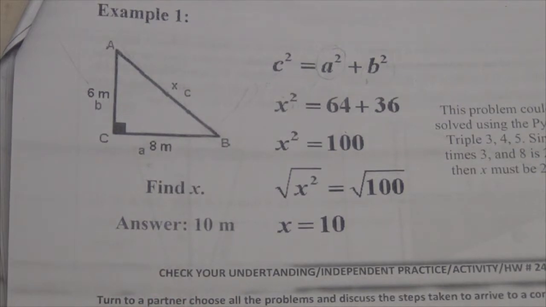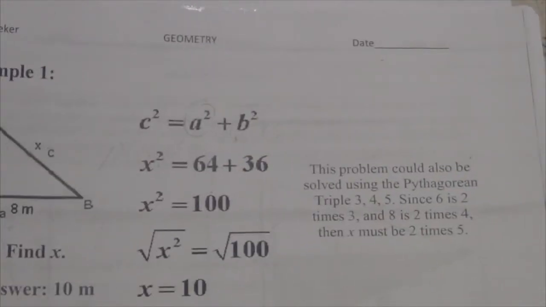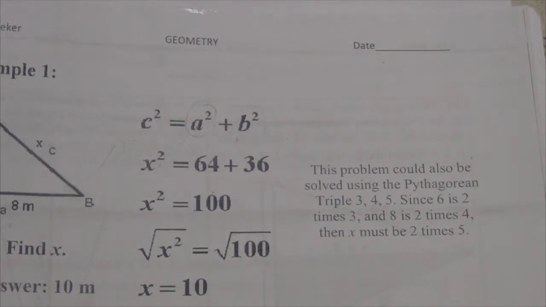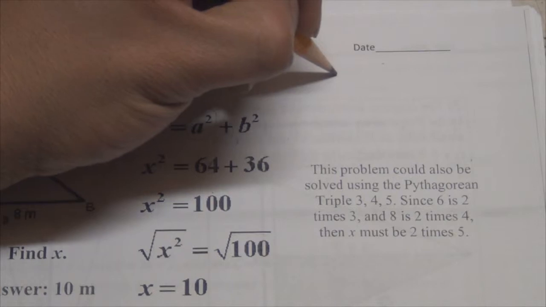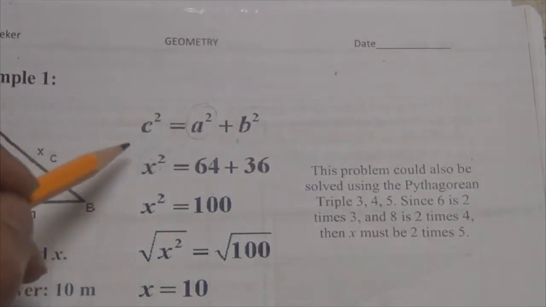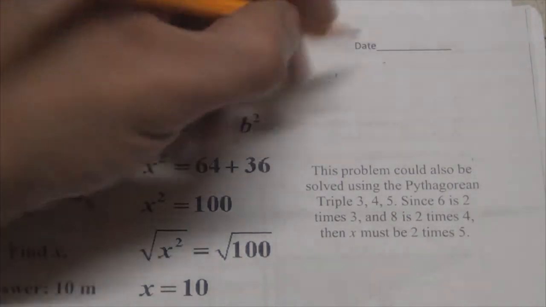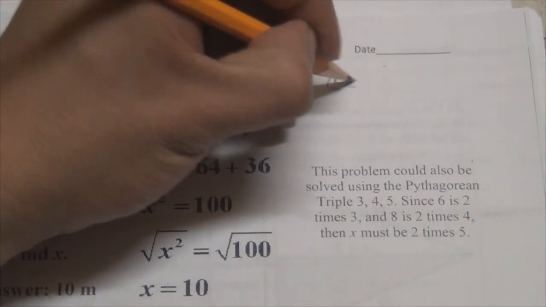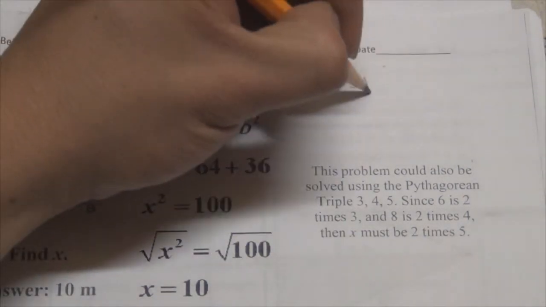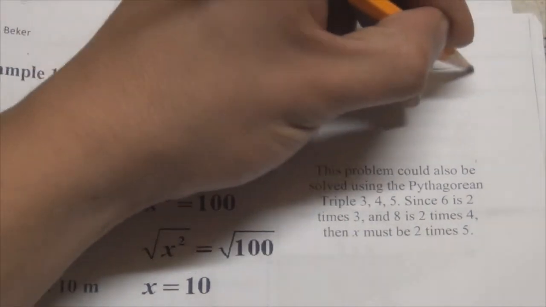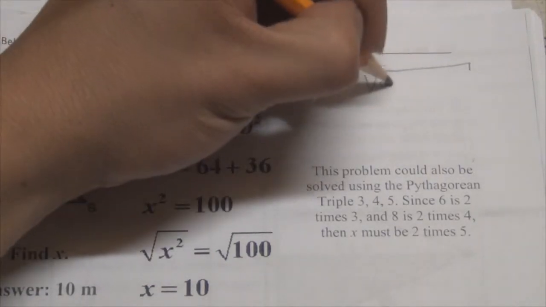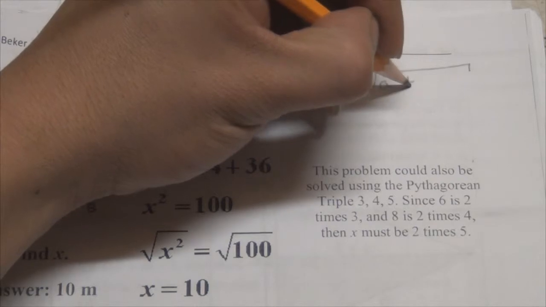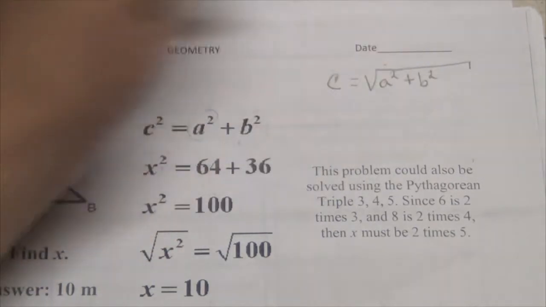Now, if you don't want to deal with this, then write down the variations of the Pythagorean theorem. For example, if I already know that I am going to take the square root of this and end up with c, then this is how you can write it. See that?